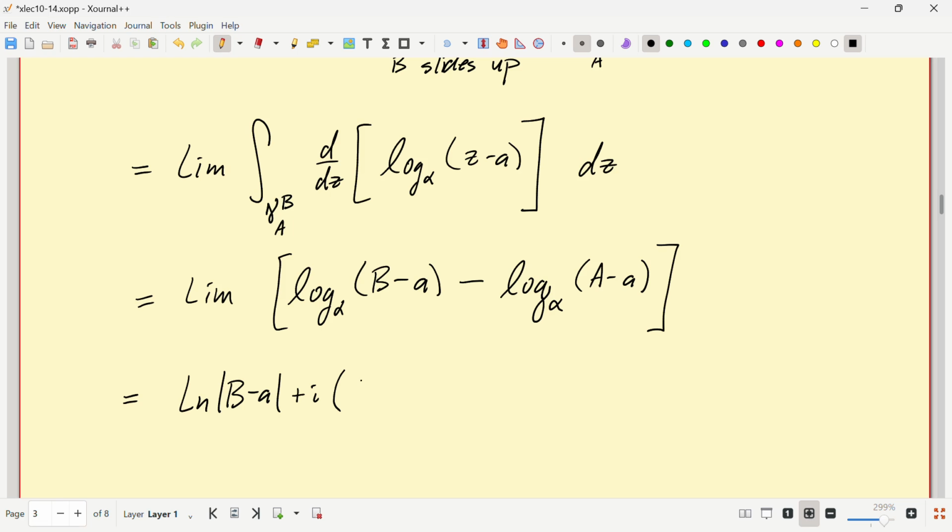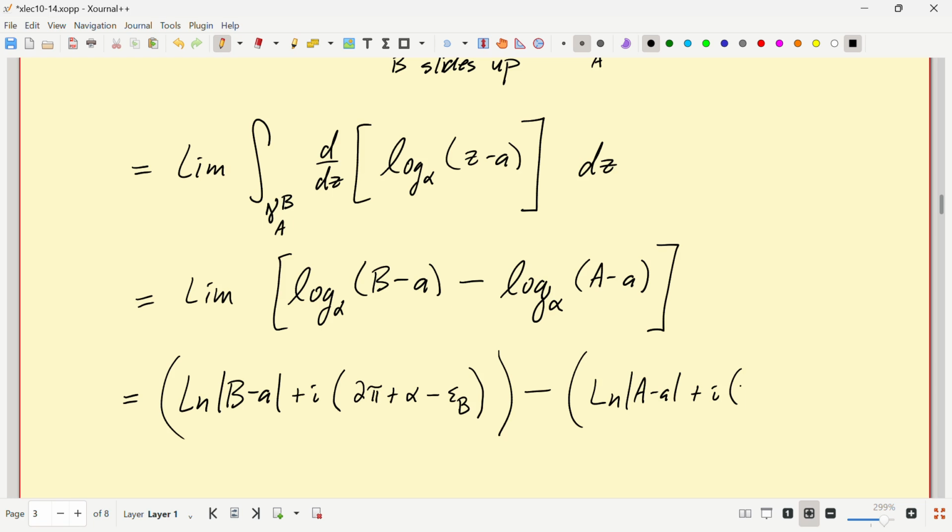That looks like 2 pi plus alpha minus something small, minus epsilon B. Then we'd have minus log modulus of A minus A plus i times alpha plus a little dinky something, epsilon A.